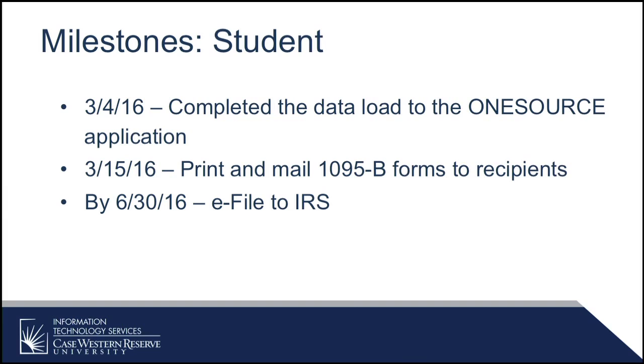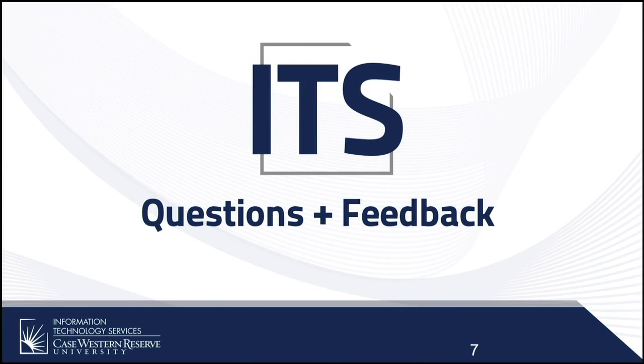So as we have those discussions on the employee side, we'll also be having them on the student side, making sure over the next several weeks that we discuss the timeline we want to e-file those to the IRS.